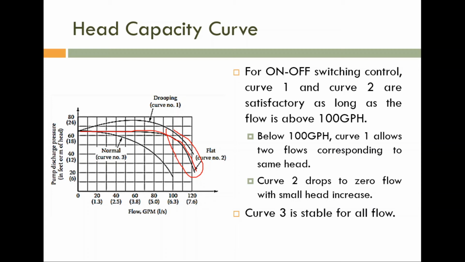pressure is increased to something around this value, say something around 65 psi, then what will happen? Initially, the pressure is something around 40. This one is the operating point. Say, initially, this one is the operating condition, where the pressure is 40 psi, and the flow rate is something around 115 gallons per minute.